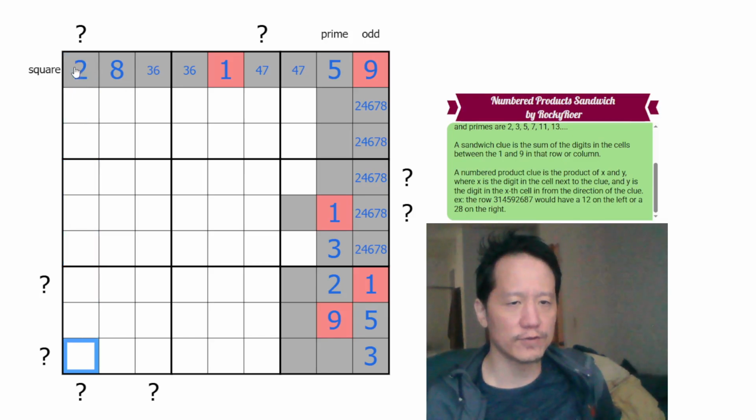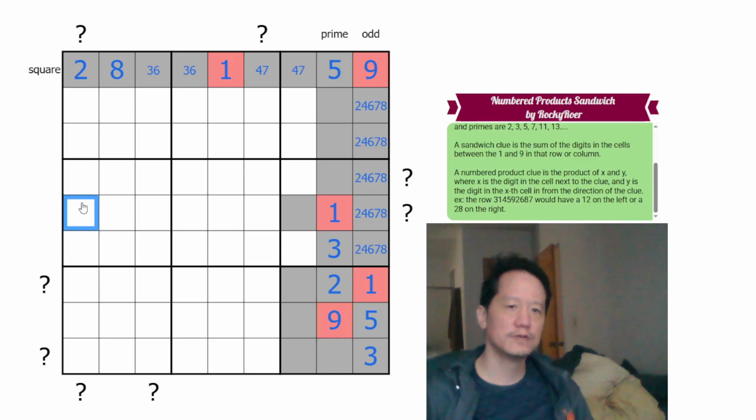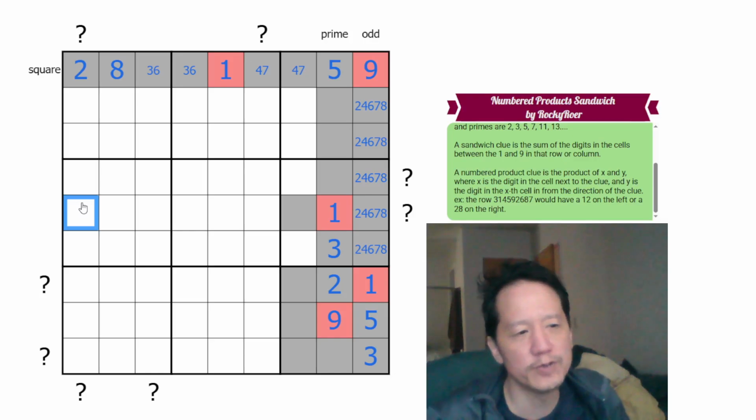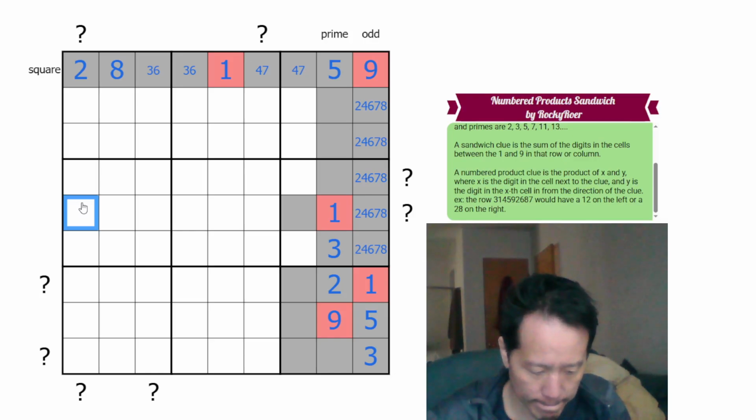So whatever this number is must equal to whatever this number times another number is. What could that be? It would have to be 2. Could it be 2 and 9 is the question.